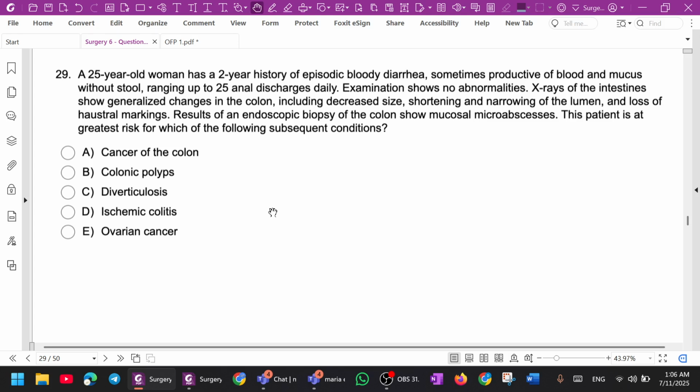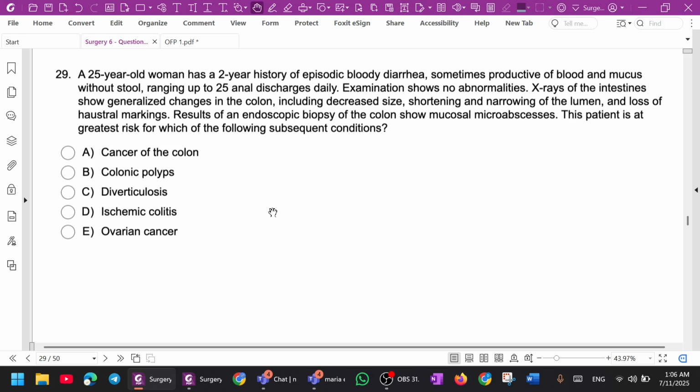Examination of the intestine shows generalized changes in the colon, including decreased size and narrowing of the lumen and loss of haustral markings. Results of endoscopic biopsy show mucosal microabscess. Which of the following is the greatest risk for the following evidence?